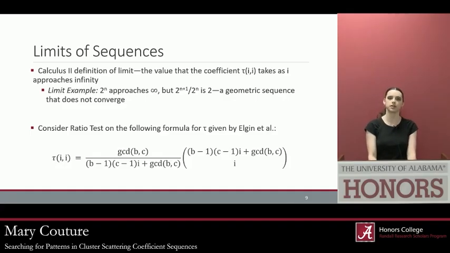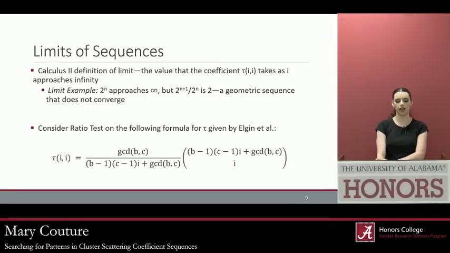An example of this that is similar to what we deal with, because it is geometric, is the sequence 2 to the n, which approaches infinity as n approaches infinity, but the ratio between these two terms is always 2. What we considered was the ratio test on the following formula for tau given by Elgin et al.